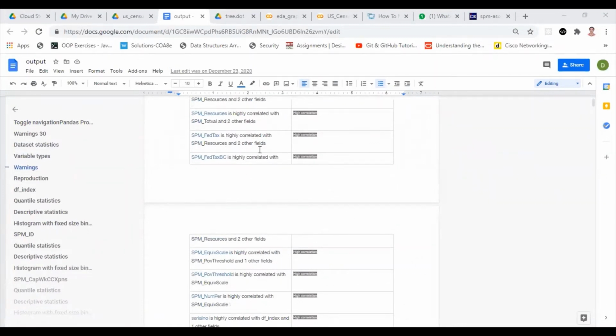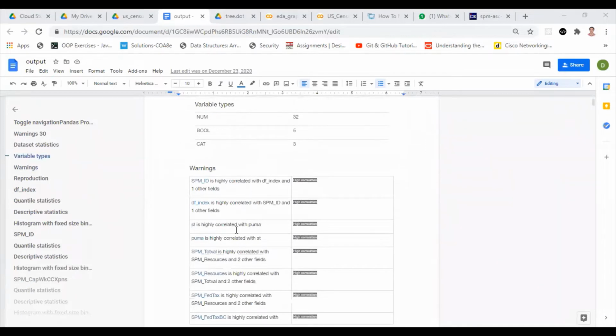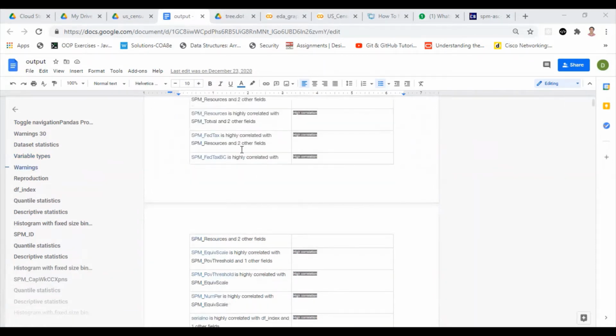Some of the observations that can be made are: SPMResources is highly correlated with SPM total, which means that SPMResources is highly correlated with income. And also SPM federal tax is highly correlated with SPM resources.